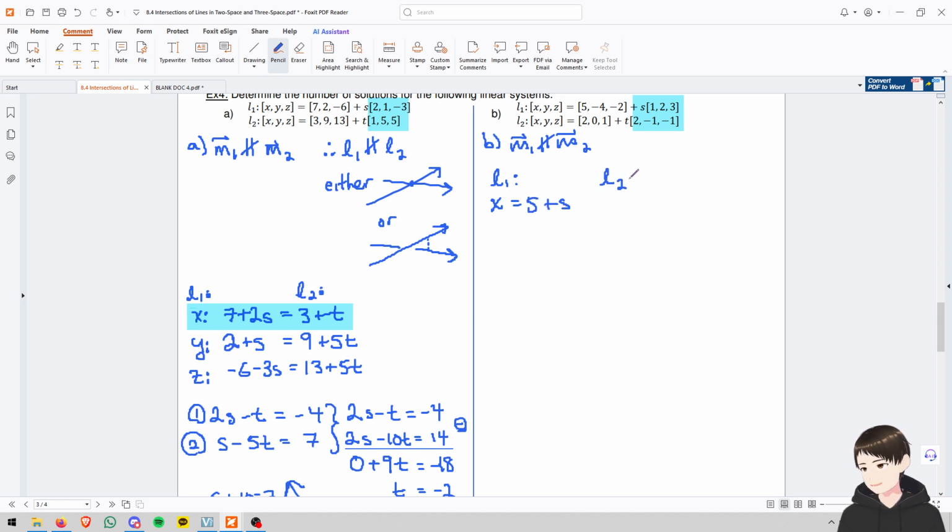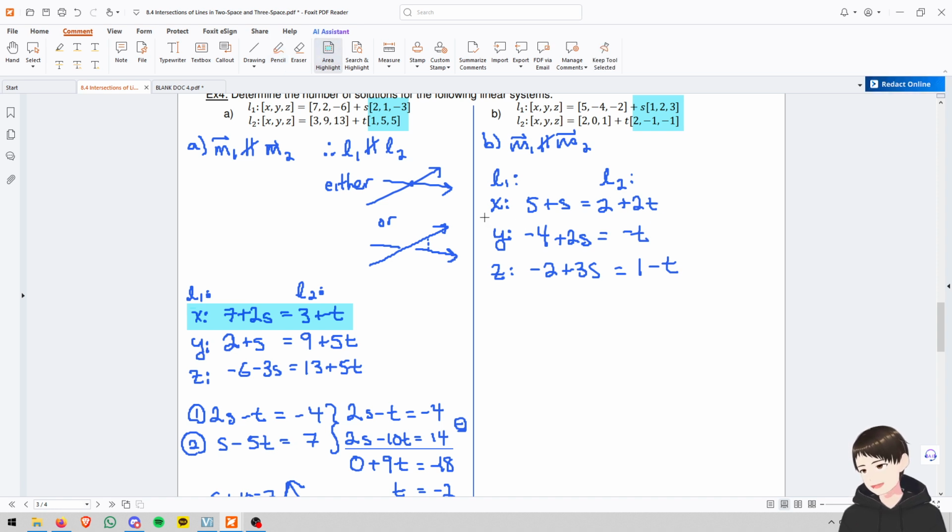But from line 2, if there is a point of intersection, it should also be equal to 2 plus 2t. My y would be negative 4 plus 2s, but that could also be 0 minus t. My z, negative 2 plus 3s, and 1 minus t.